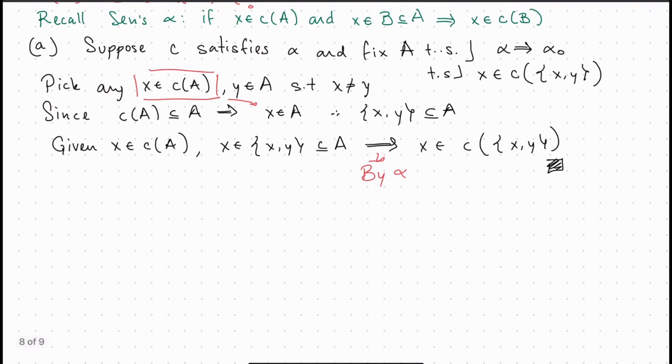To show B, we have to do a little more thinking. We have that alpha 0 implies alpha.